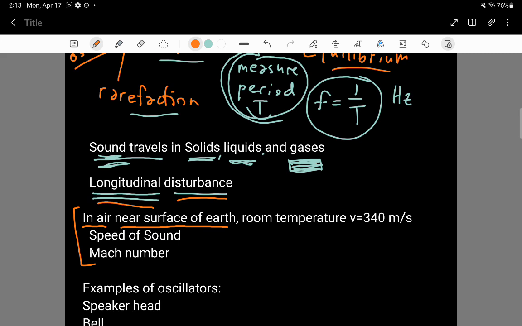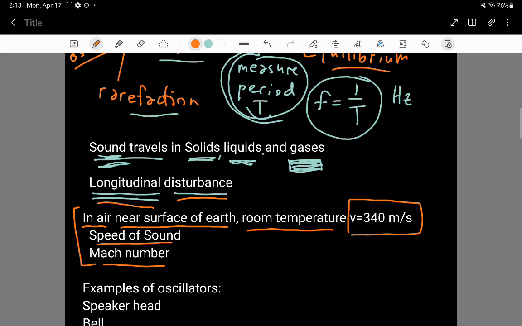But down near the surface of the earth, at roughly room temperature, some comfortable human temperature, the speed of sound is 340 meters per second, roughly. Some people say it's 343 meters per second. But yeah, so this is the speed of sound that's typical for how humans listen to sound, right?